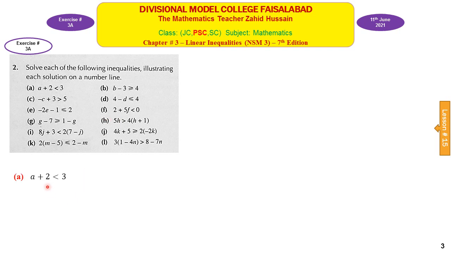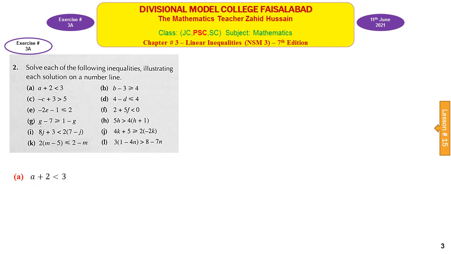Part A is a plus 2 less than 3. To solve the inequality, we have some steps. If the inequality has fractions, then we remove the fractions by multiplying each part of the inequality by the LCM of the denominators.